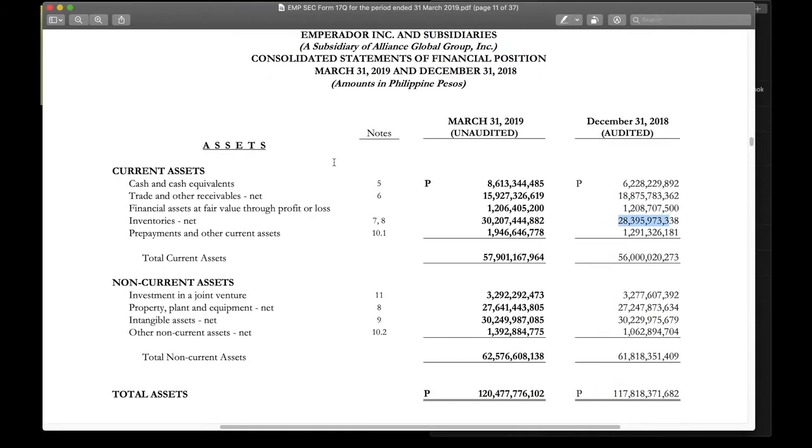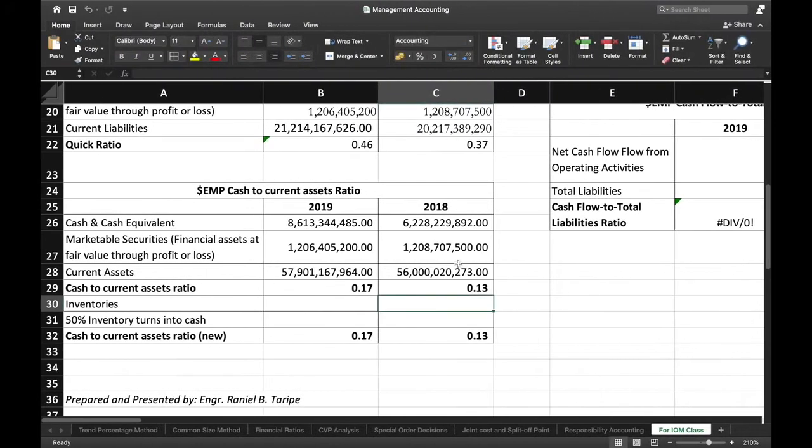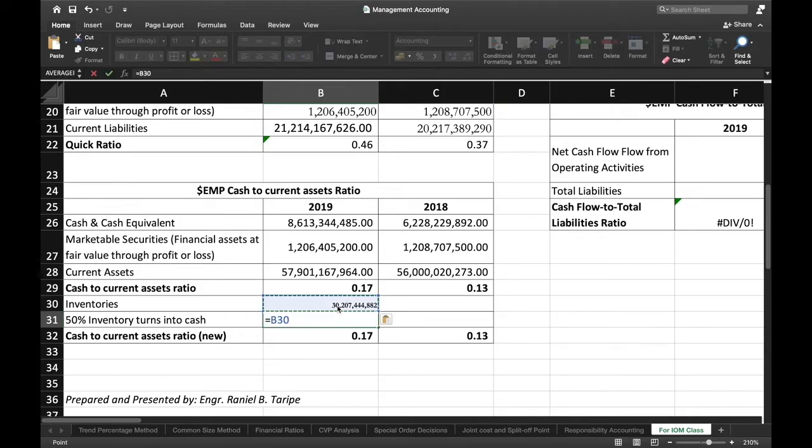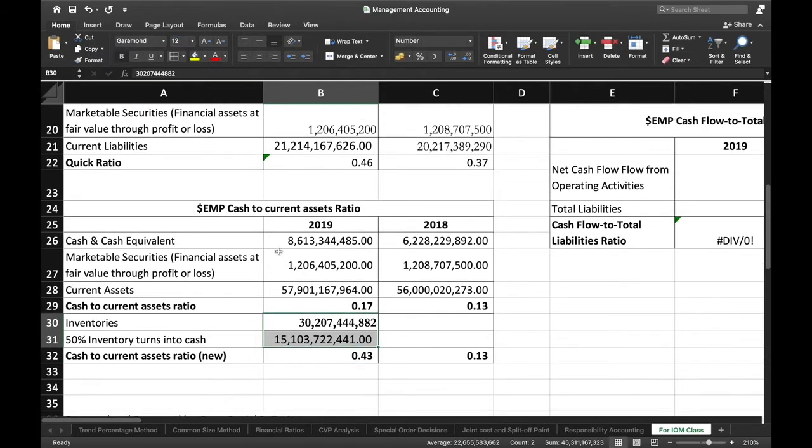So, check natin, ano ba yung inventory? Itong 30 billion na yan. Let's copy this. And ito siya, original. Tapos, 50%, times 0.5 para mga lahati. Okay.